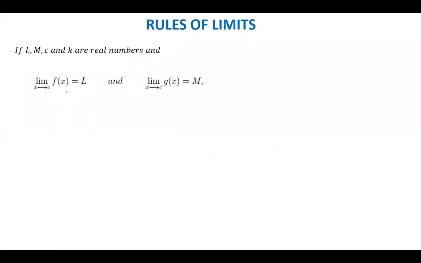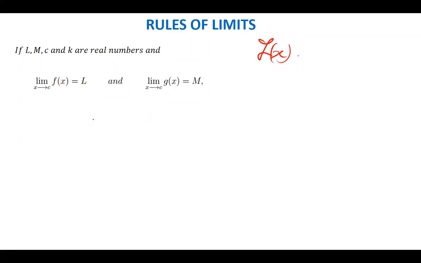If these are real numbers, and you have a function given, which is f of x, you have the limit of f of x when x is approaching a constant c. Let me illustrate something here.